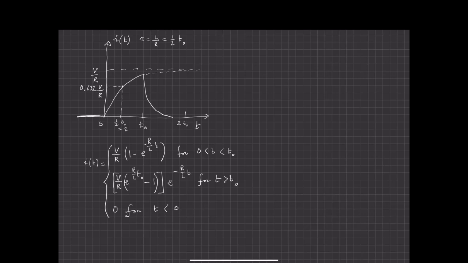All right. Let's do the same thing for the case when tau is 2 t naught.